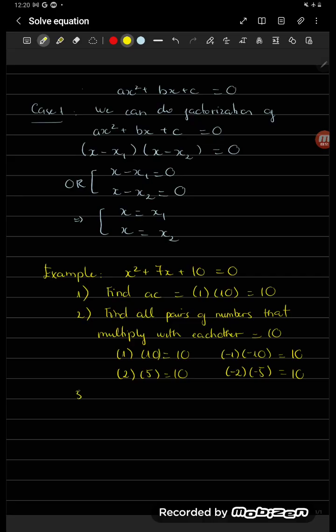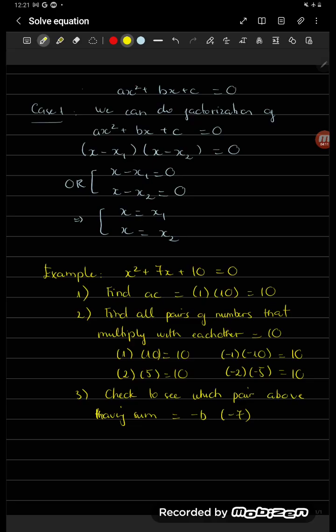Okay, so now we need to check which pair above has a sum equal to negative b, so it means negative 7.